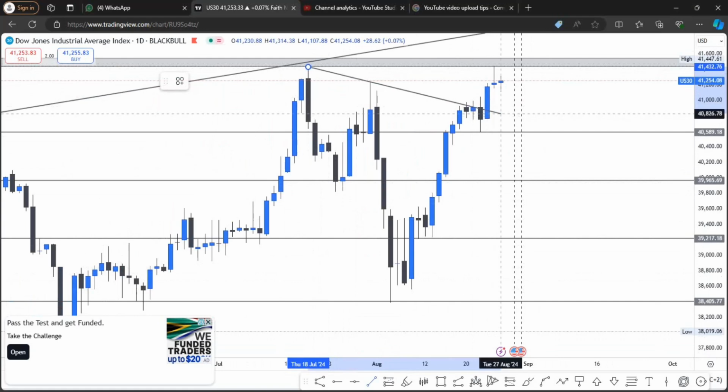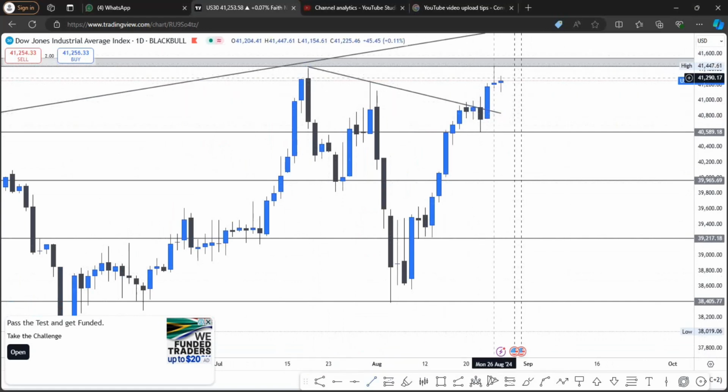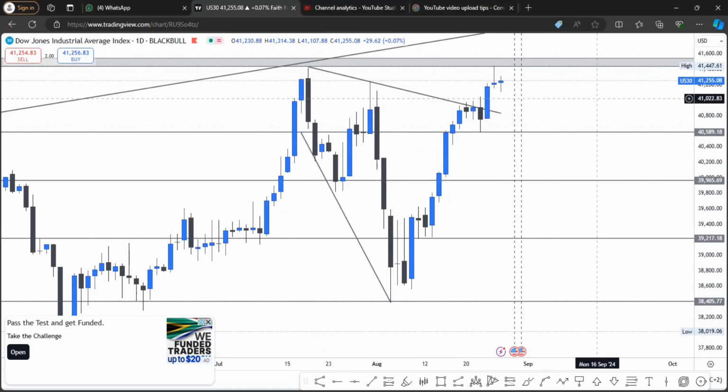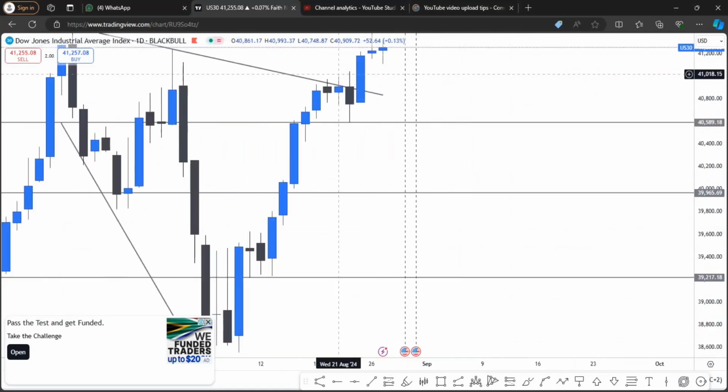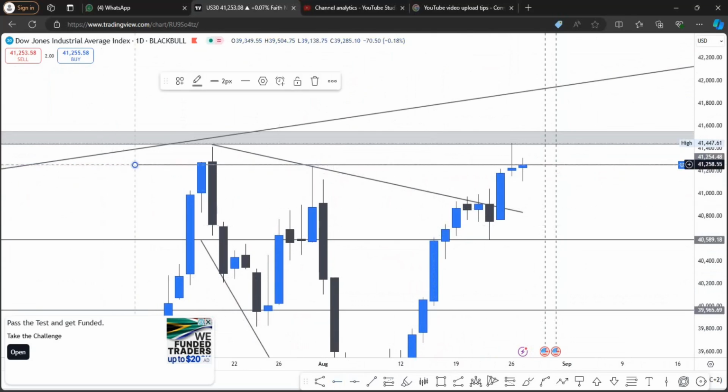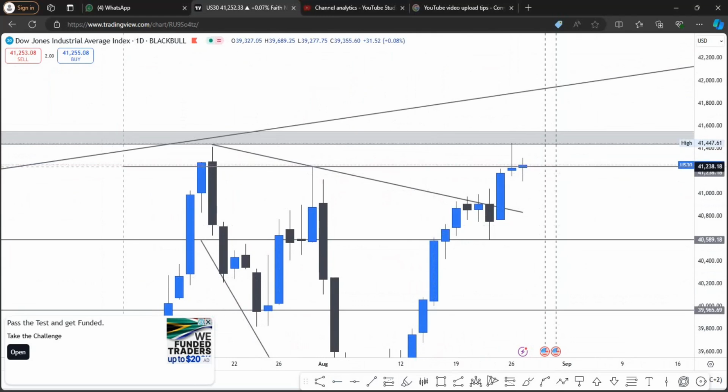We need to identify this point because the market already broke the certain point. And again, we identify this certain point here. Then from there, we understand that this certain point is a zone here. Here, the zone.